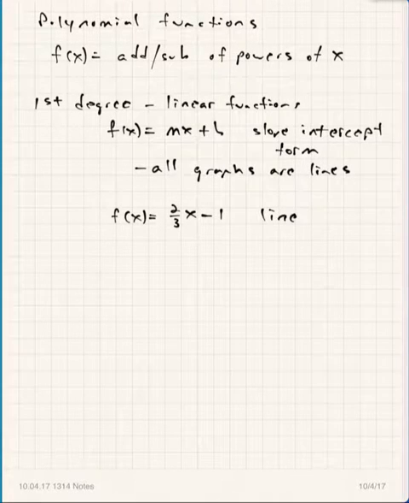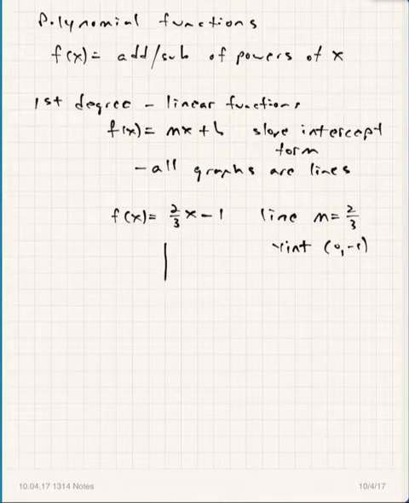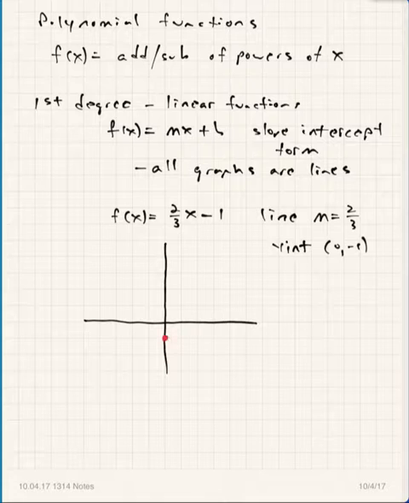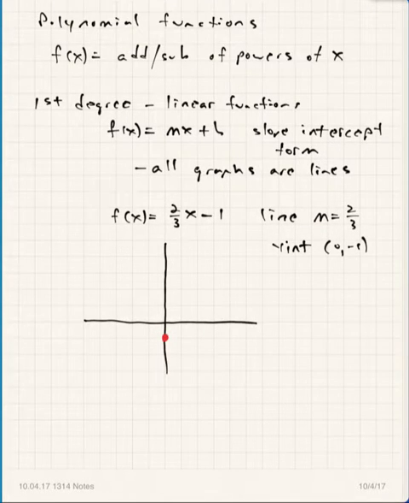Right, that's a linear function. It's a line with a slope of 2/3 and a y-intercept at (0, -1). And so you could make a decent sketch of that graph just knowing those two things. The y-intercept is here at (0, -1), and then you know that the slope is 2/3.